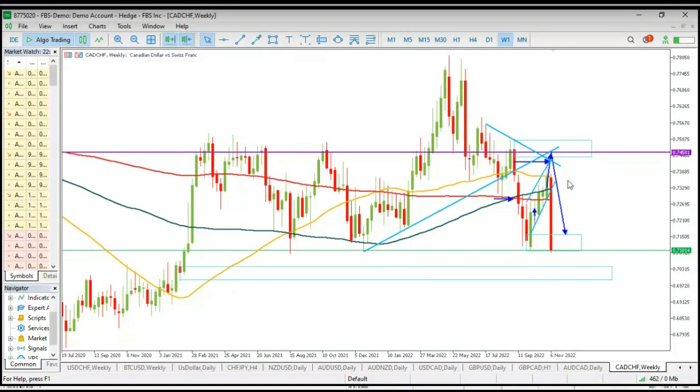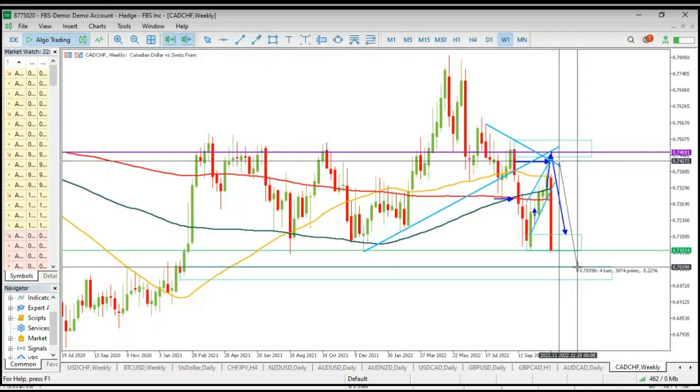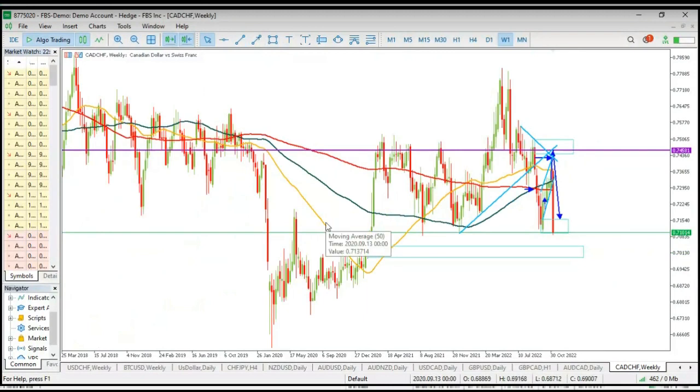If you check CAD CHF, it is currently already about 330 pips, and we still have at least 50 to 60 pips left, a minimum of 50 to 60 pips on CAD CHF.